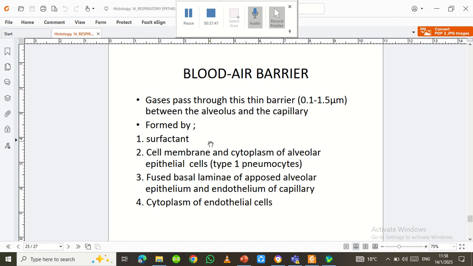One, going from the alveolar lumen to the capillary, you have your layer of surfactant, and then your cell membrane and the cytoplasm of your type 1 pneumocyte, and then the fused basal lamina of the type 1 pneumocyte epithelium and the endothelium of your capillary. And then you have a layer of your endothelial cells.